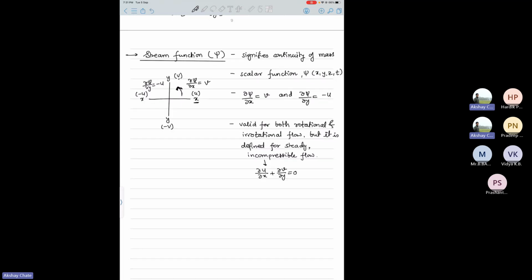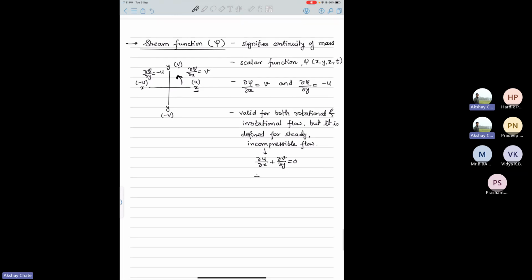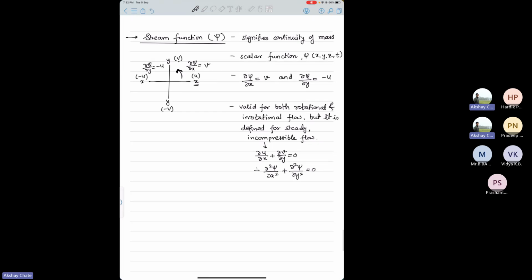So if you put u and v from the del psi by del y and del psi by del x equations, what do you get? Del square psi by del x square plus del square psi by del y square equals 0. This is called the Laplace operator. So this is the important thing: for any valid stream function, its Laplace will be 0.